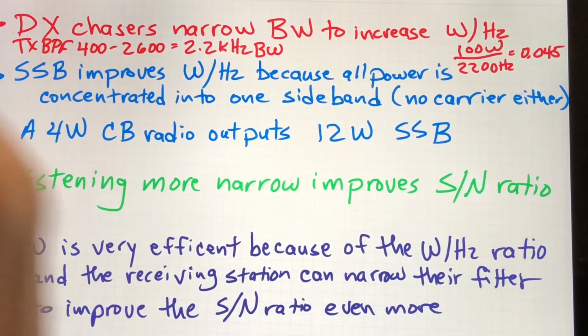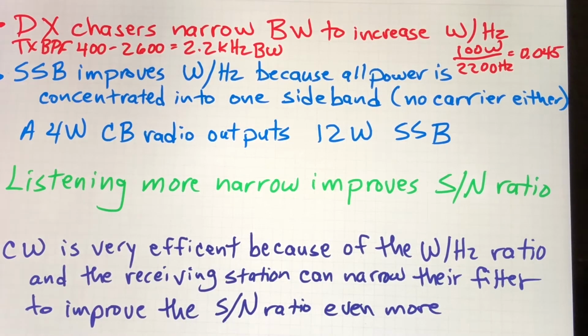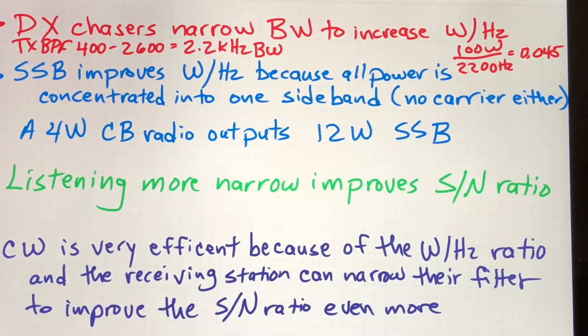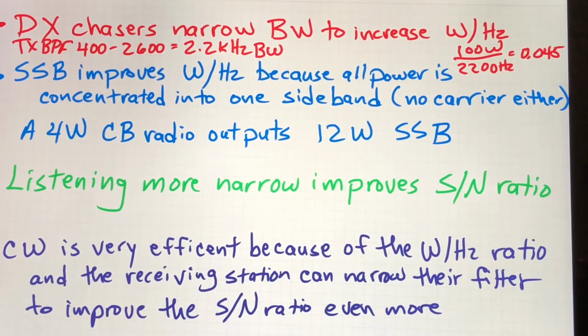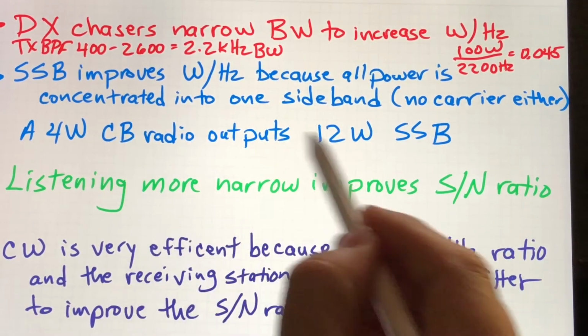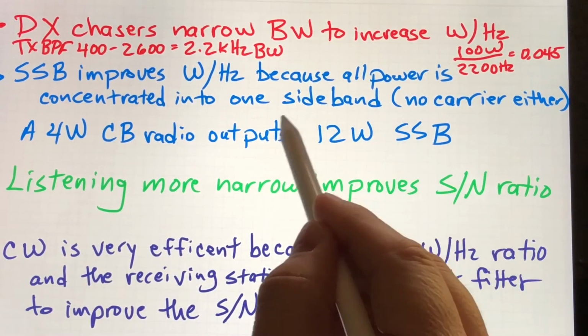So think about that. We're taking away one sideband, we're taking away the carrier, we're concentrating all of the power the final has into just one sideband. And whether it be AM, upper side, lower side, they all share the same final transistor. So you can see how it's more efficient when we're focusing all of our power into one sideband.